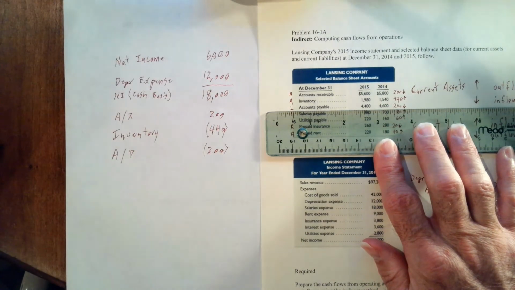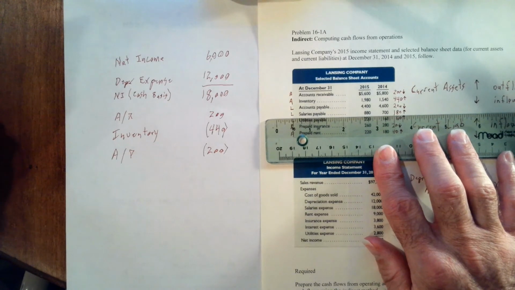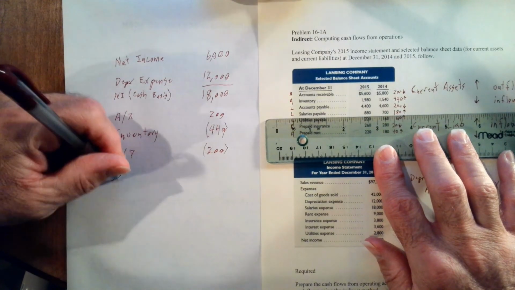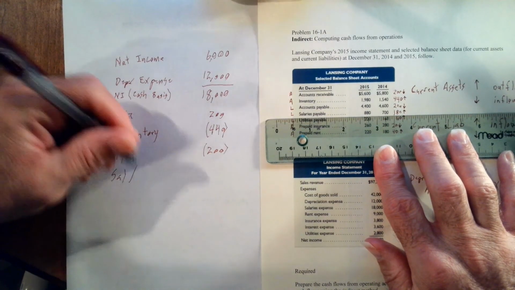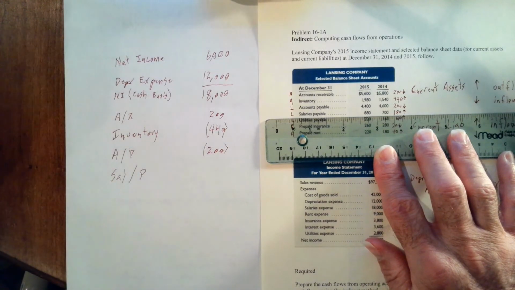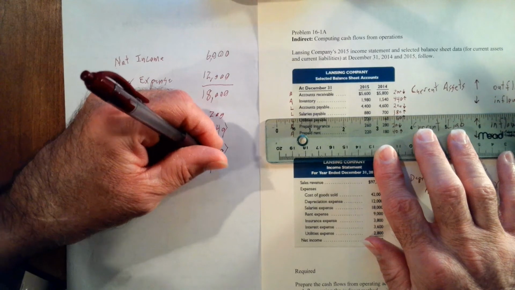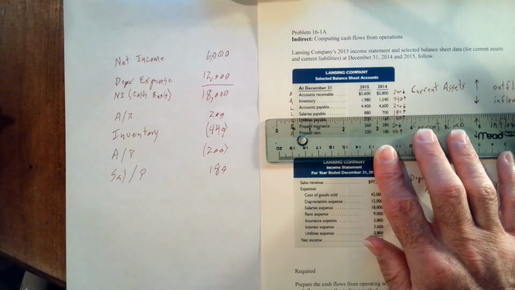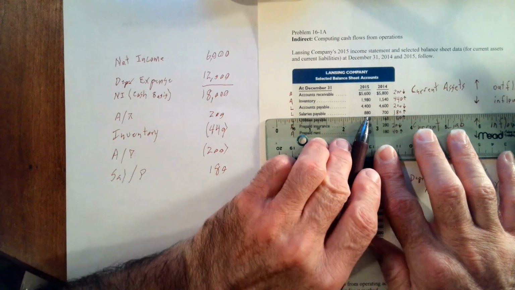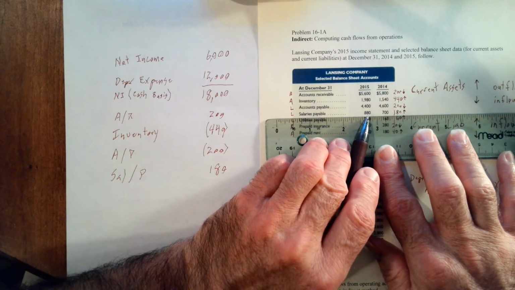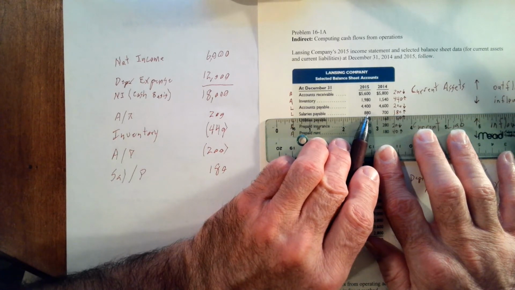Okay. Next one. Salaries payable increased by $180. What do you think? Was that an inflow or outflow when you increased it? Well, that simply means you held off paying your employees, didn't you, by holding off a little bit more. Isn't that the same thing?